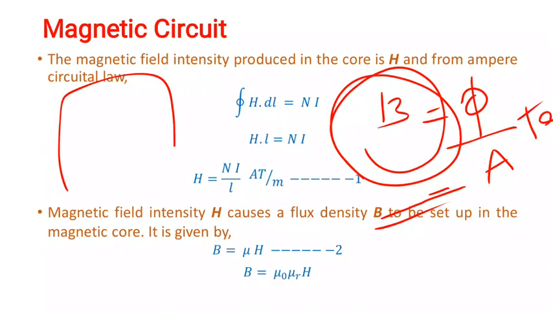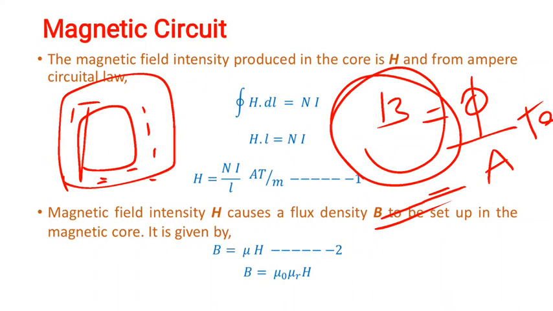So this is your ferromagnetic core. Within this particular material, the amount of flux density to be created is your magnetic field intensity. And if the area increases, your magnetic field intensity will decrease.